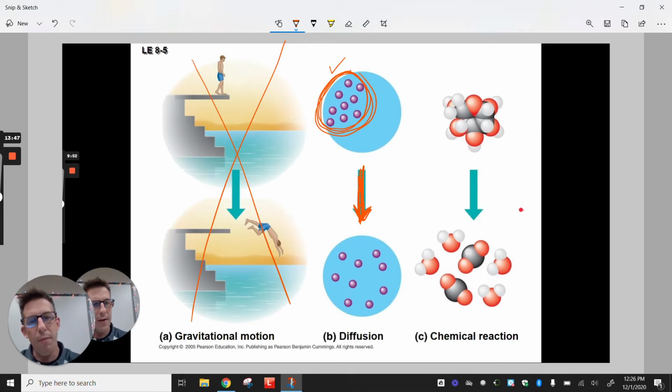And so when molecules, or systems in this case, just generically, when systems work towards this state of equilibrium, they are going to release free energy. Okay, so if we could measure the amount of energy in this system during the diffusion of food coloring molecules throughout a glass of water, we could measure the amount of energy released.